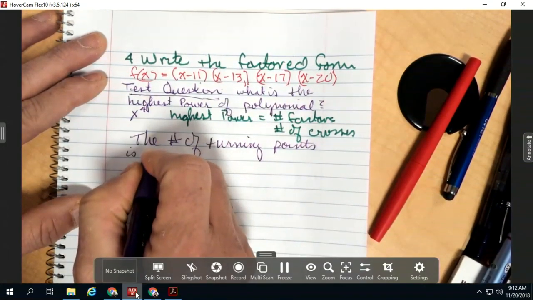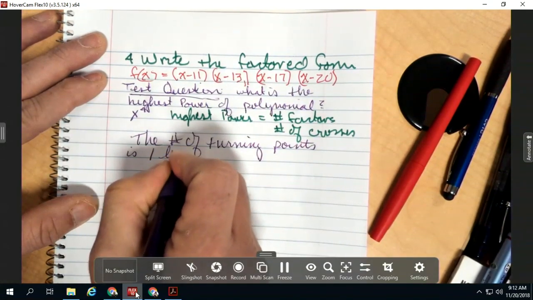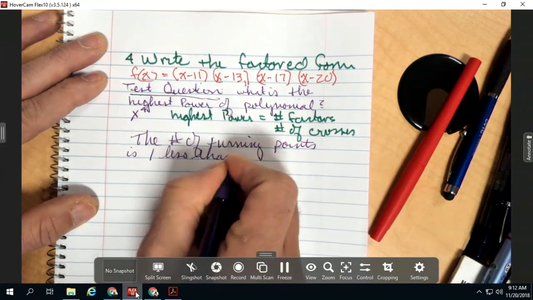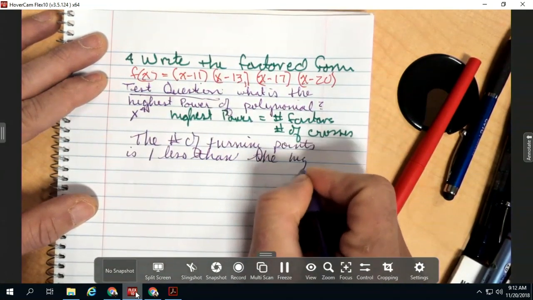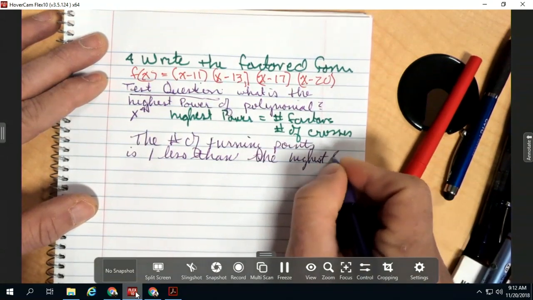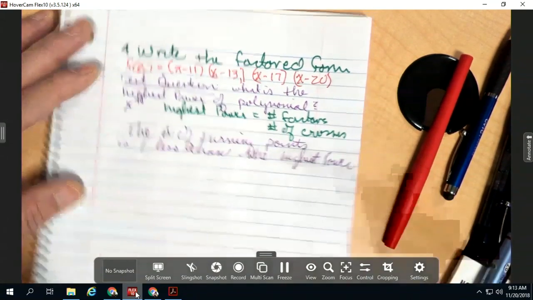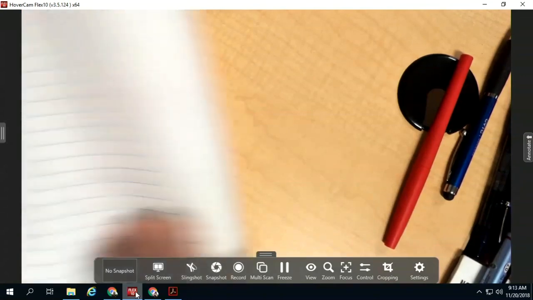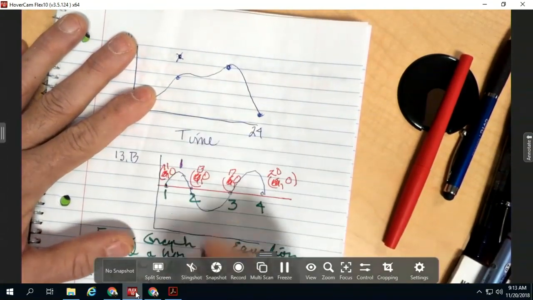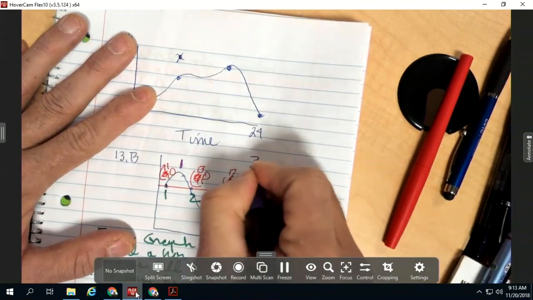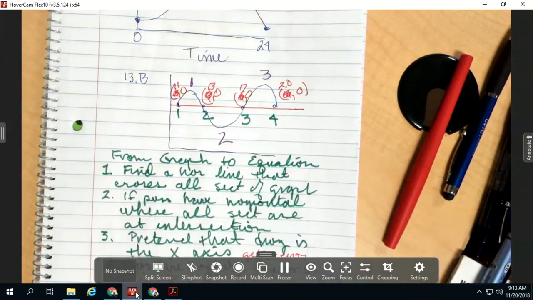Is 1 less than the highest power? One, 2, 3. So you think about it.